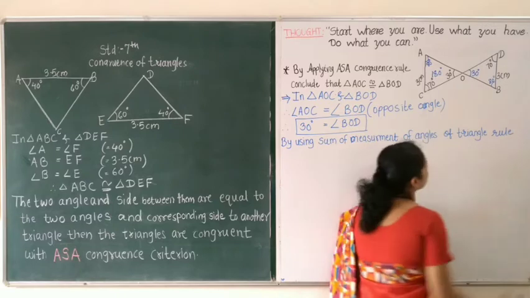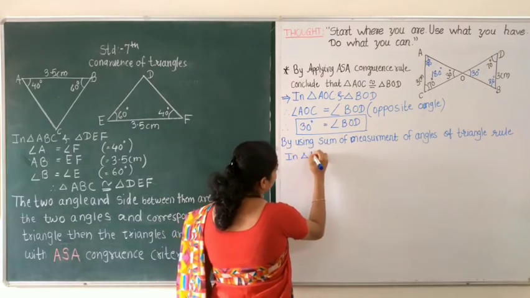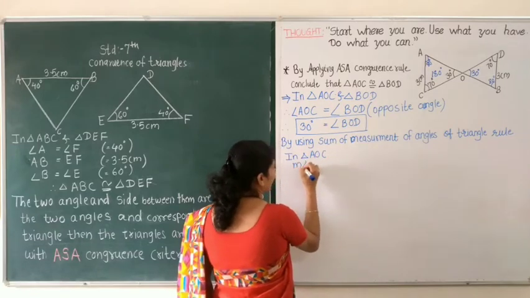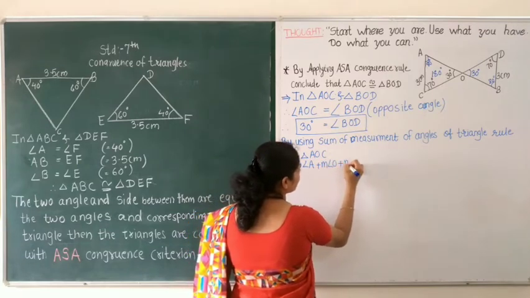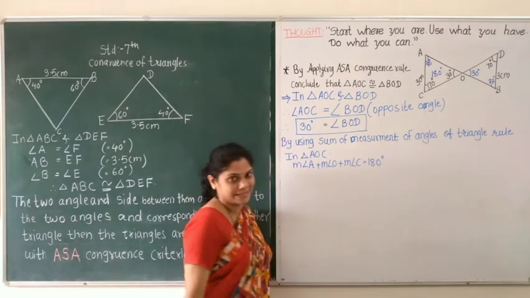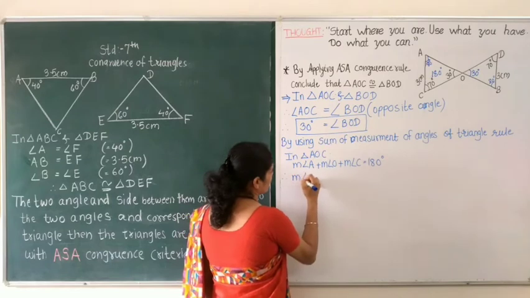So what is that rule? Look here. In triangle AOC, measure of angle A plus measure of angle O plus measure of angle C is 180 degrees. Very good. So measure of angle A we don't know.